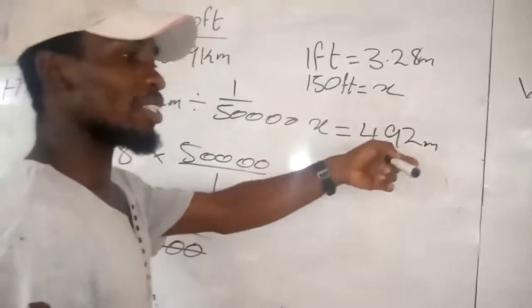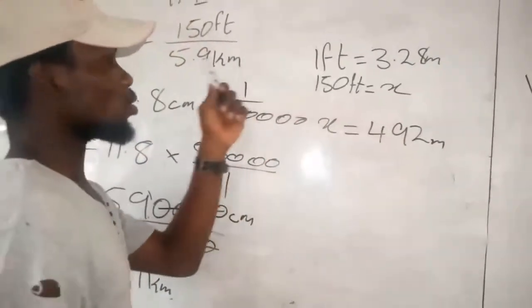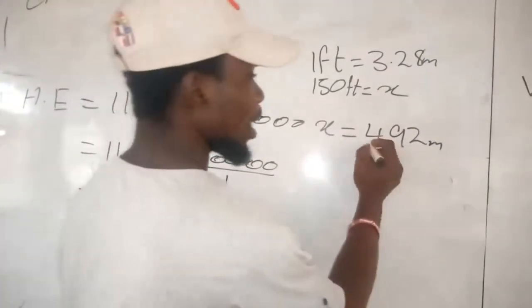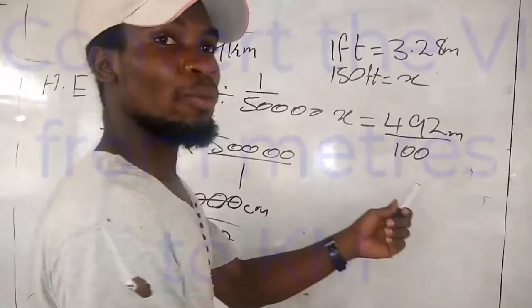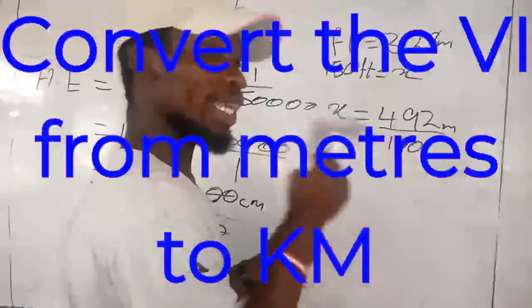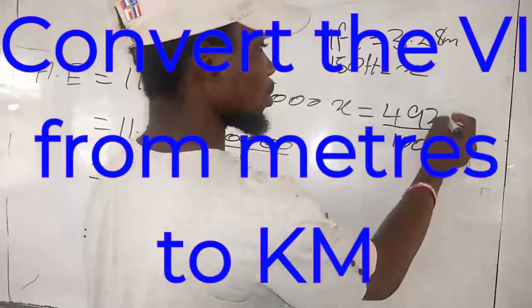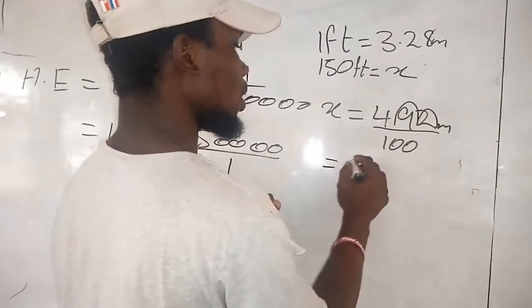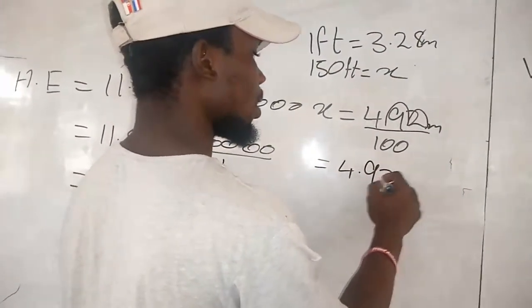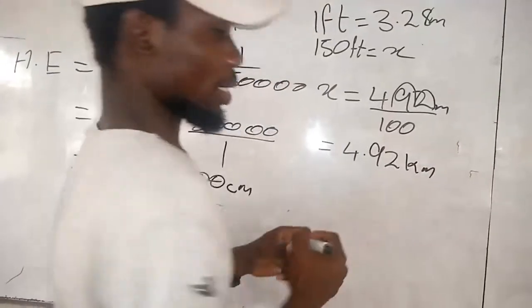Now we have it in meters. We convert the meters to kilometers. And we know that 1000 meters gives us 1 kilometer. So we just divide by 1000, which gives us 4.92 kilometers.